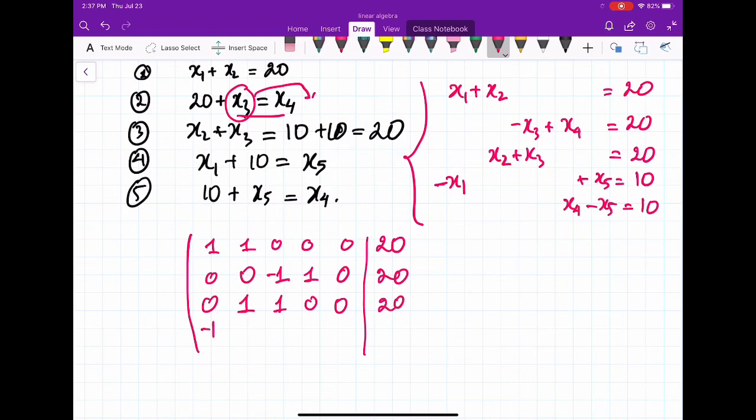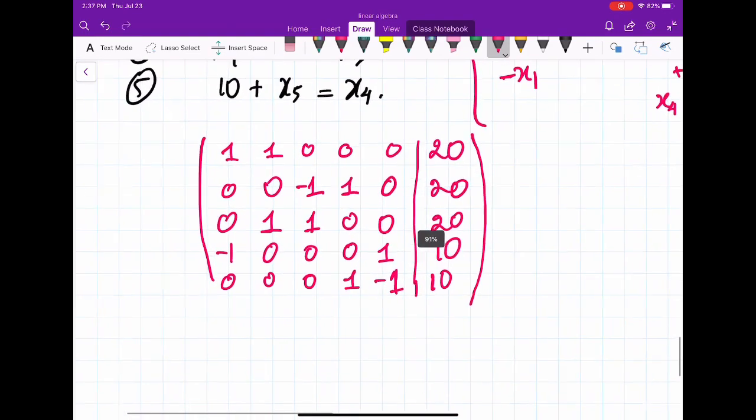Here I got negative 1, 0, 0, 0, 1. I got 10 in here. Finally 0, 0, 0, 1 and negative 1, and that is 10. So you have such a system. Solving this system, you can find all values x1, x2, x3, x4, x5 so that the network is valid. Okay?